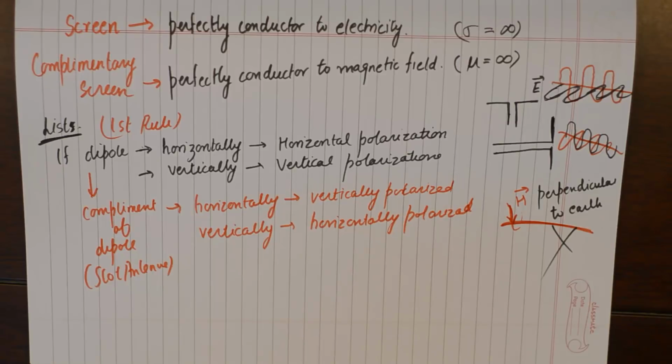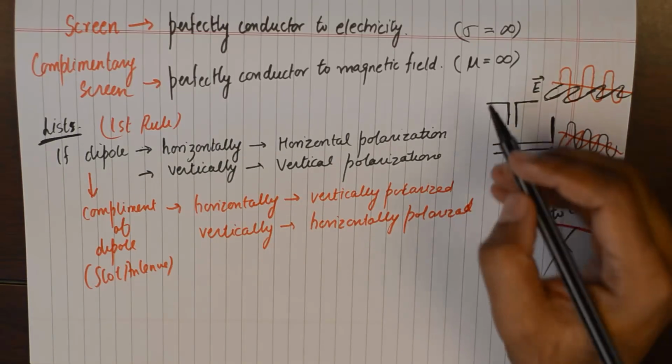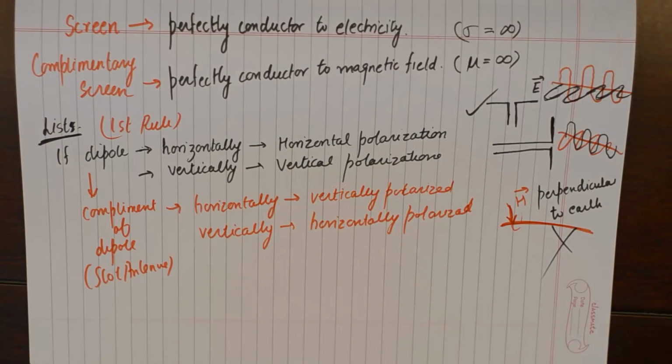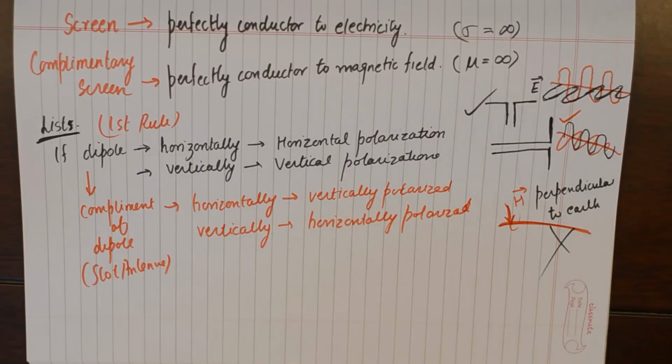A perpendicular dipole will resist winds more and is more prone to damages. So our priority for the placement of the dipole is horizontal, and our priority for the polarization of the dipole is vertical. That leads us to a situation of dilemma as to what is the best solution for this.